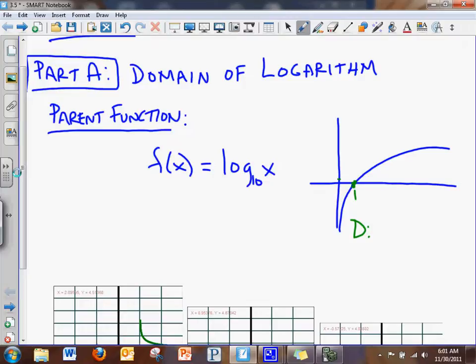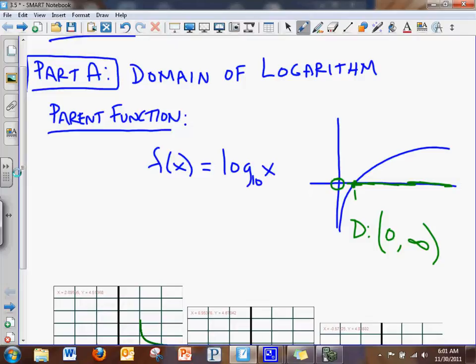So I love making intervals on my x-axis. It starts at 0, but we're not going to include 0, and just heads off to the right. So on the x-axis, my domain starts at 0, but doesn't include 0, and heads off to the right.